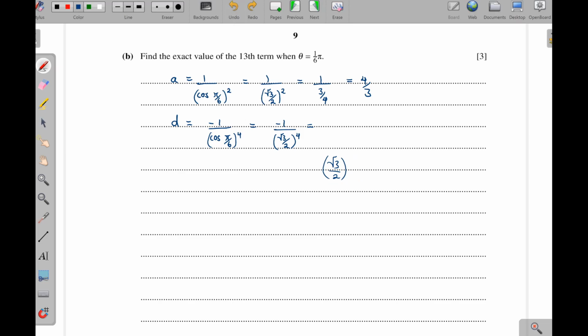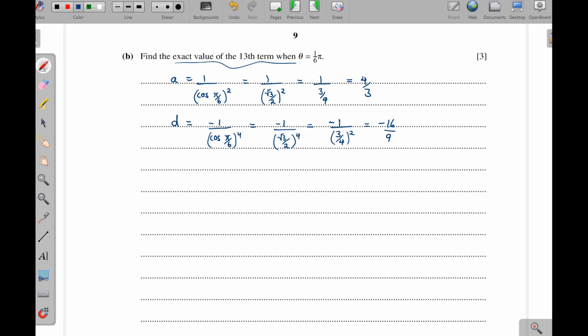So already we have seen that this one is 3 over 4. So we shall have negative 1 out of 3 over 4, then squared. So this will be a 16, and then this will be a 9. So we shall get negative 16 over 9.